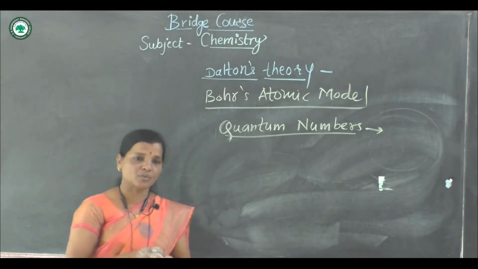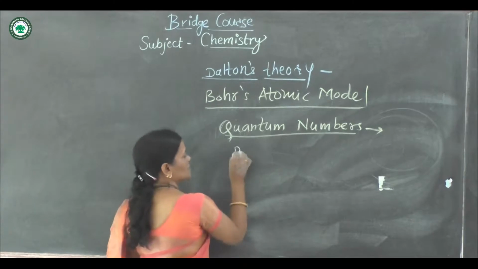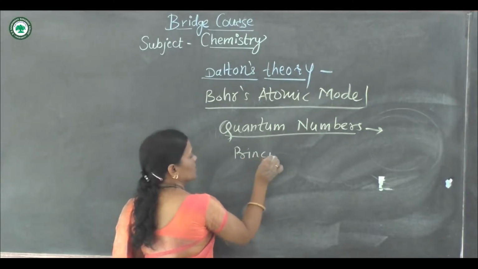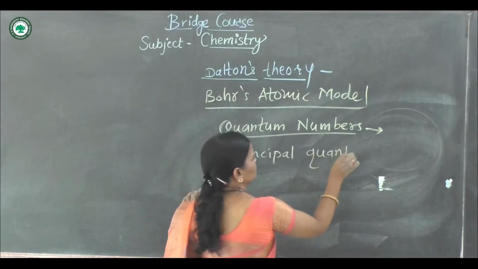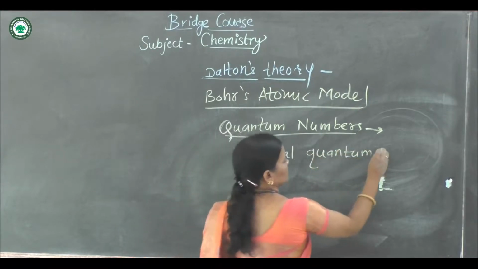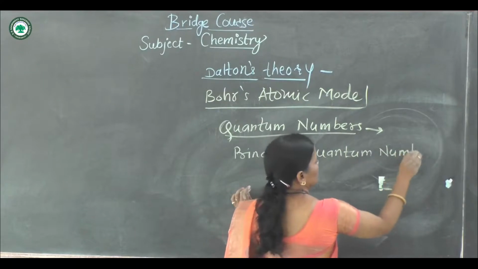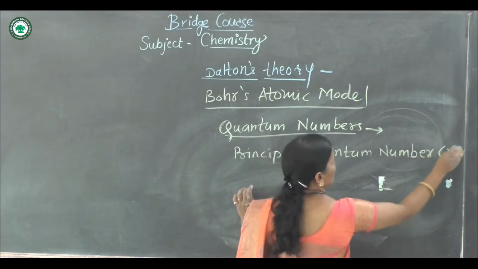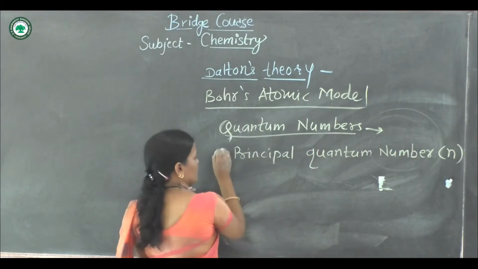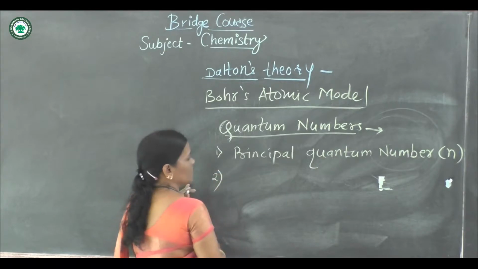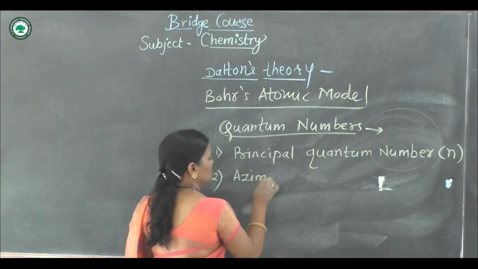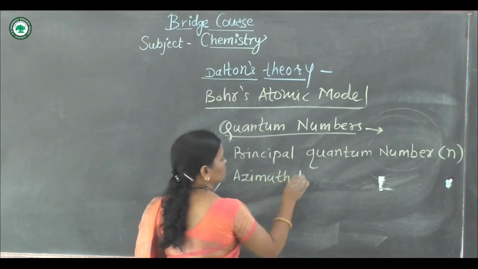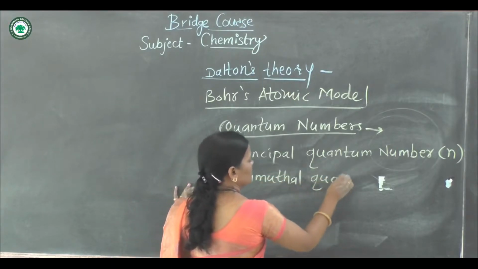There are four types of quantum numbers. The first one is the principal quantum number. It is always denoted by small letter n. The second one is the azimuthal quantum number.